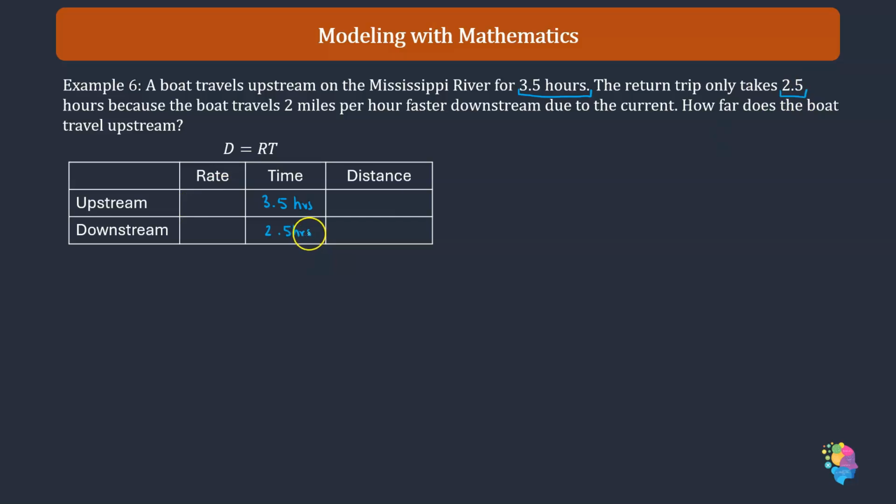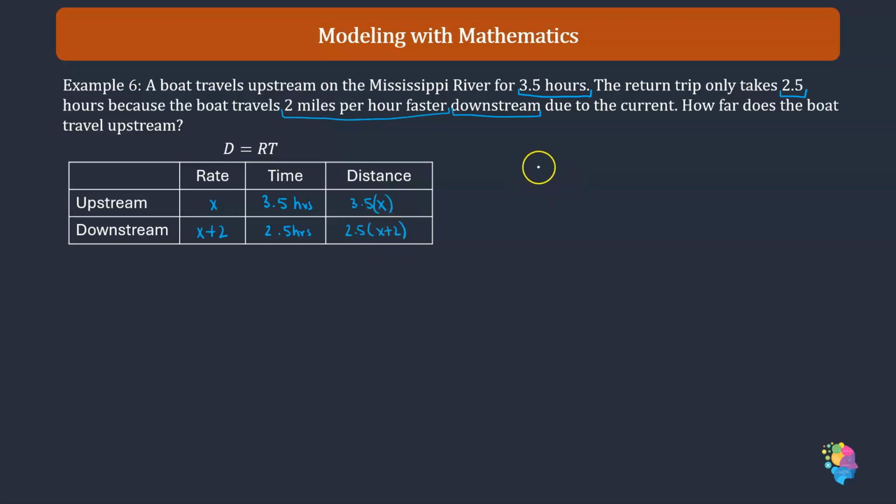Let's see what more information they're giving us. They're telling us that going downstream is going to be 2 miles per hour faster. So then downstream is going to be x plus 2. Since I don't know anything about the rate or the speed going upstream, I'm going to let that be x. So the distance here is going to be 3.5 times x, and this will be 2.5 times x plus 2.